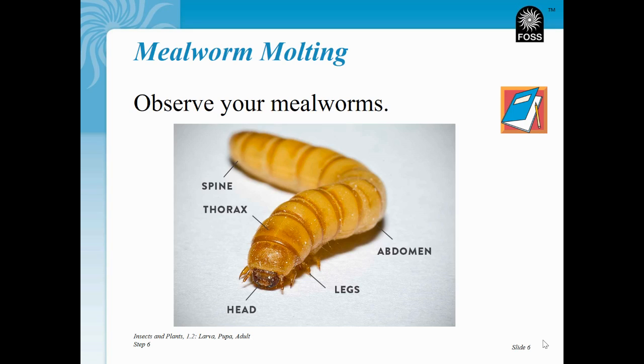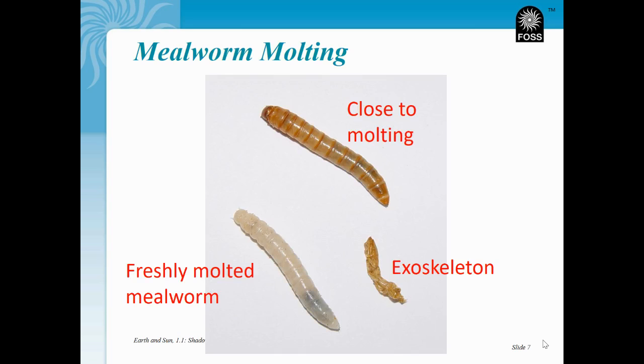We can see that there is the head, the legs, the abdomen, the spine, and the thorax right there at the top. So we will be reviewing different structures of the mealworm and body parts throughout this unit. But today, remember, we are focusing on molting.